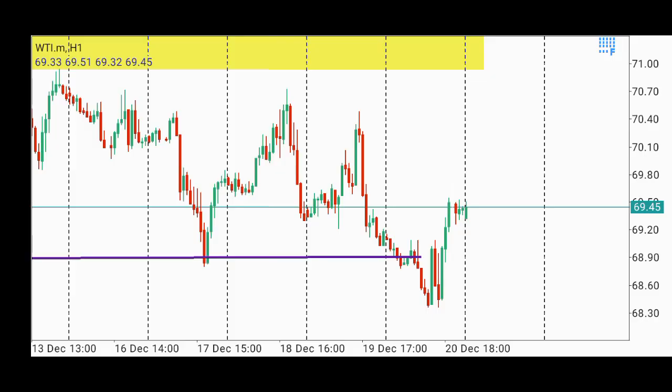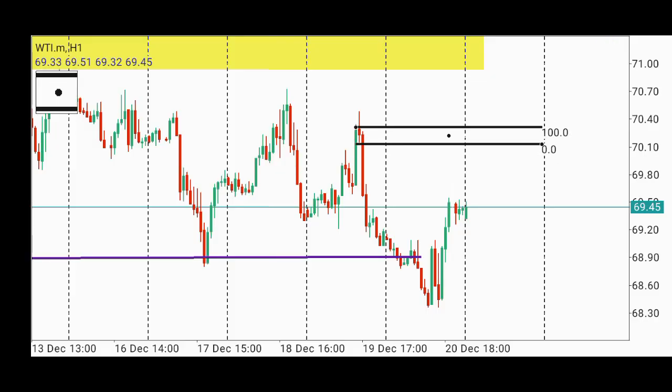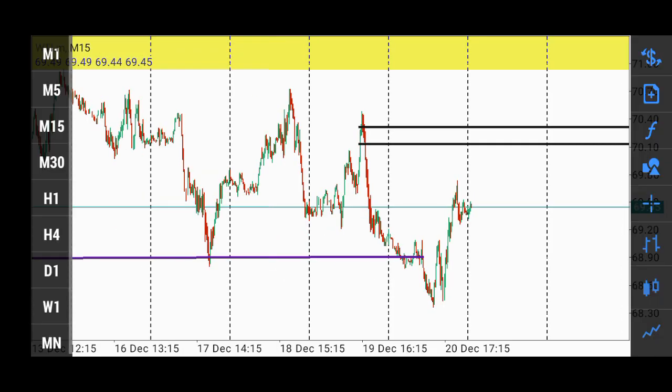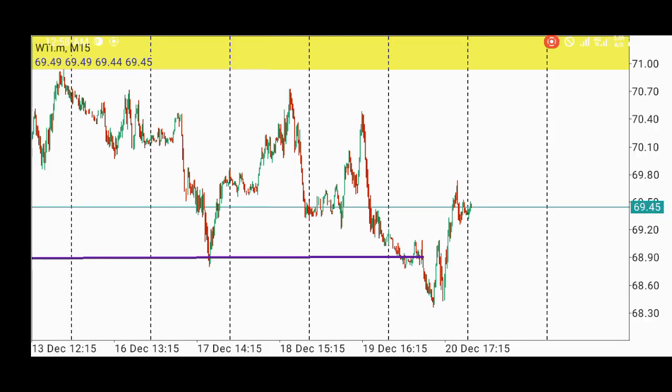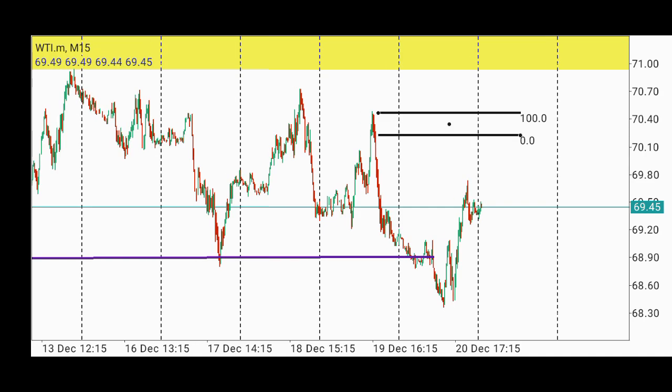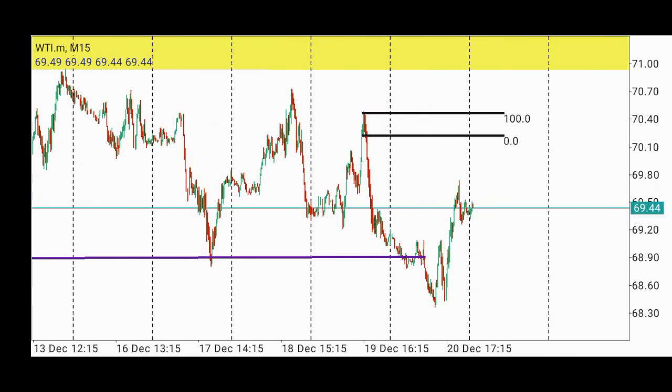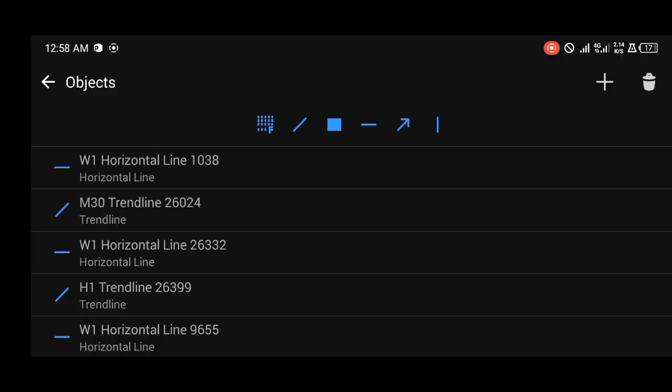Once price comes to this zone, we just sell off. So we are expecting a sell from this zone on crude oil, a very big sell off. Structure violated, and we are expecting a sell.